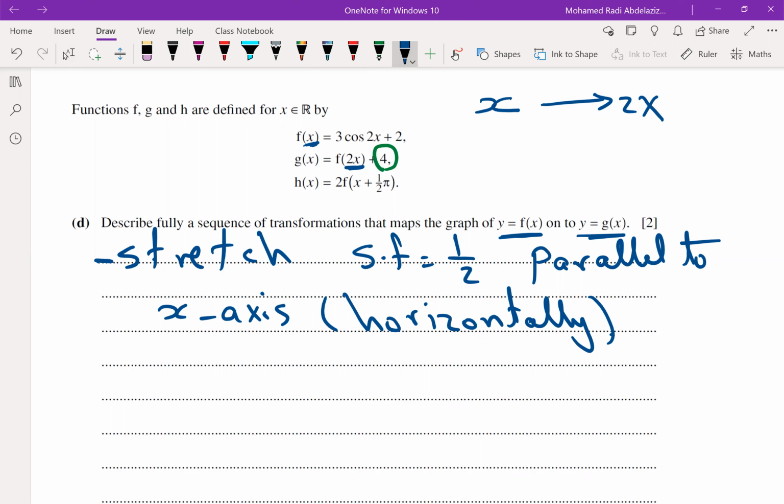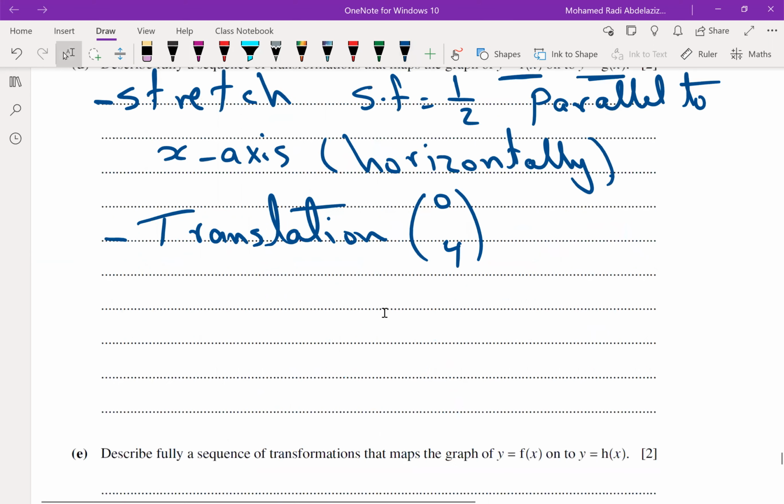Translation. We can explain the translation by the vector. Move up 4 units, so the vector will be (0, 4). So the final answer: stretch, scale factor half, parallel to the x-axis, followed by translation given by vector (0, 4).